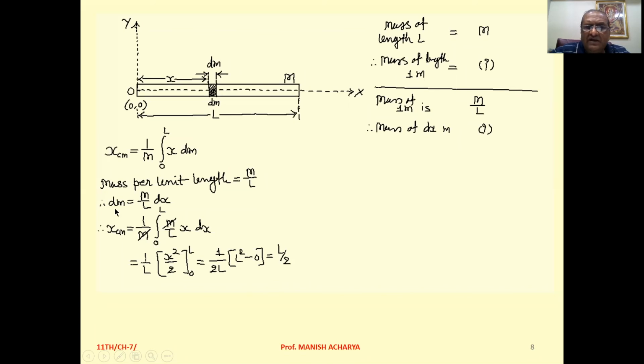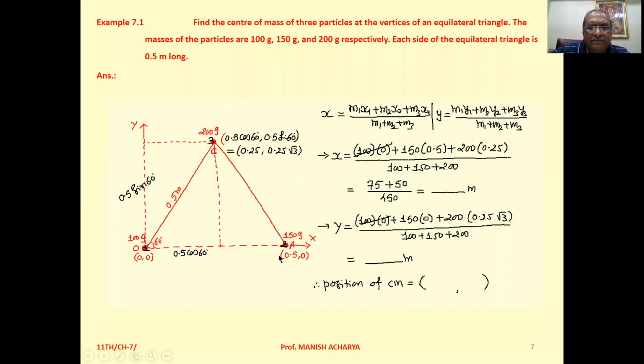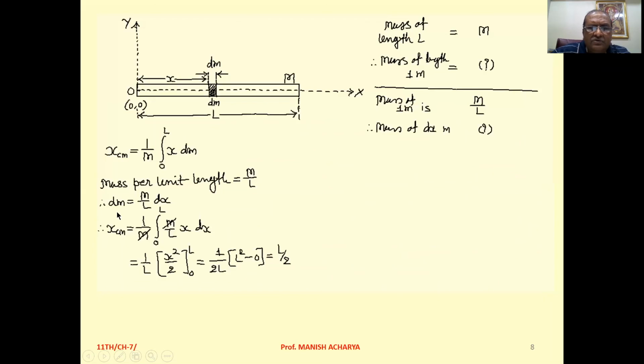So we can write dm equal to m by L dx. Now this dm is replaced. So xcm equal to 1 upon m integration 0 to L. Dm is replaced by m by L into dx, and this x is as it is.